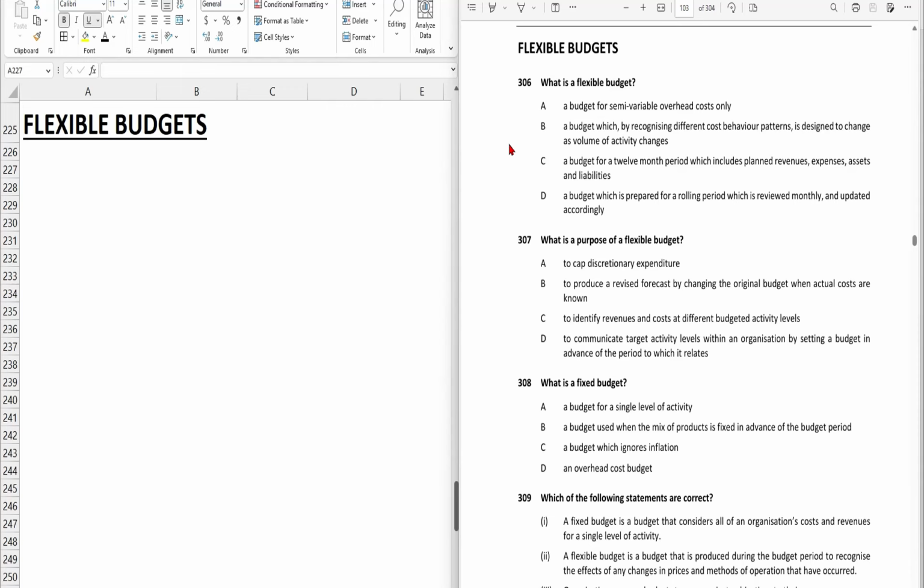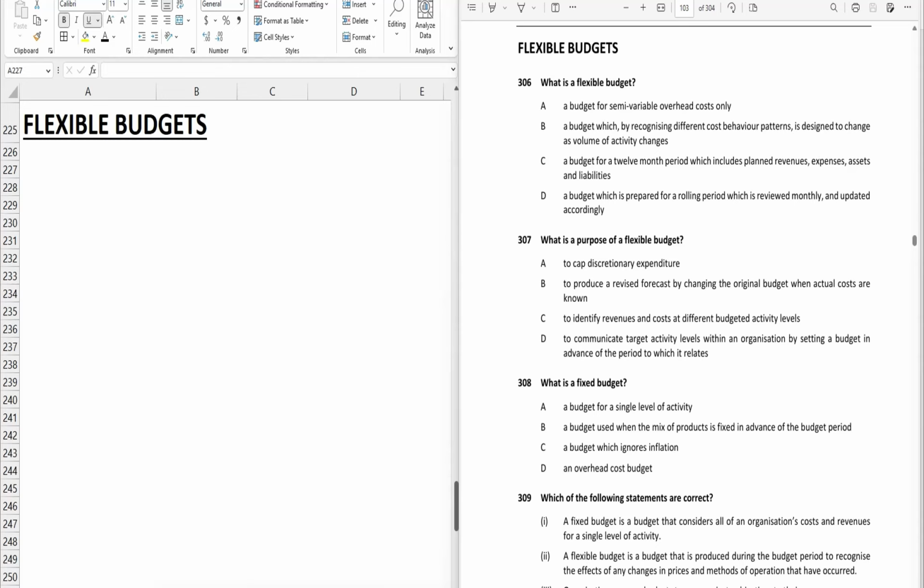So basically, in a flexible budget, we simply adjust the budget for the different levels of activity. When actual activity is different from the budget we have prepared, in that case we need to prepare the flex budget where the actual level of activity is taken. Then we will flex the original budget.